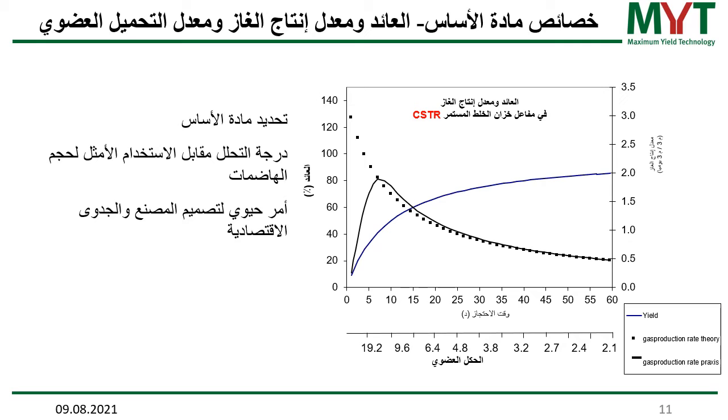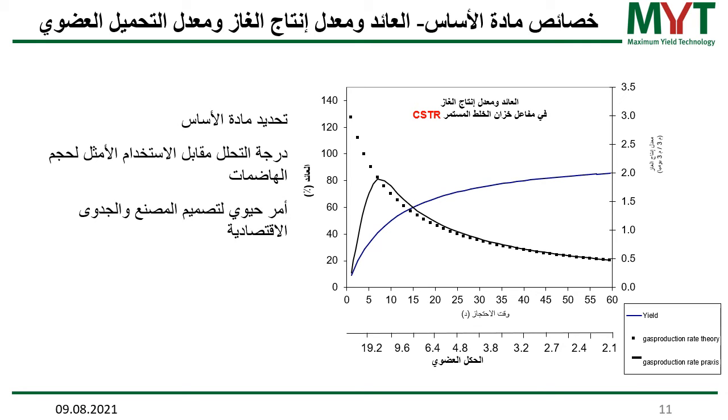So if you want to design a process with 30 days retention time, then you need a digester volume of 30 times your daily input. If you want to have a higher yield, then you would try to double your retention time.